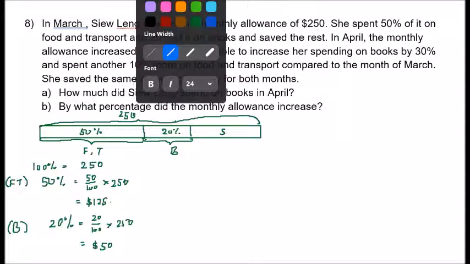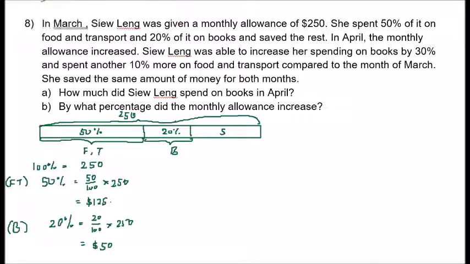So now, can you see that come April, there is an increase in her monthly allowance, and Siu Ling actually spent more on the books by 30% and 10% more on food and transport. But the saving remained the same. Okay, so in April, it goes like this. What is the increase that she spent?